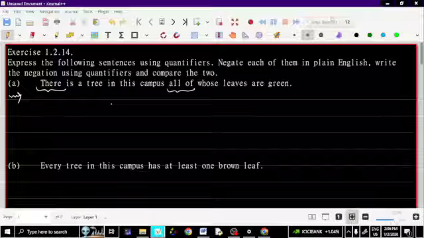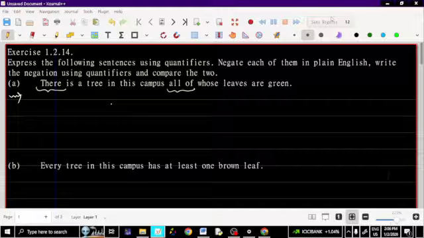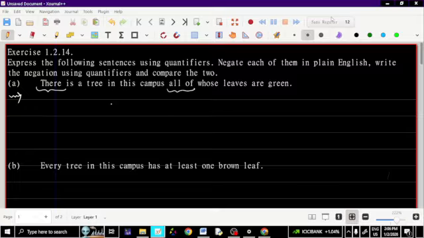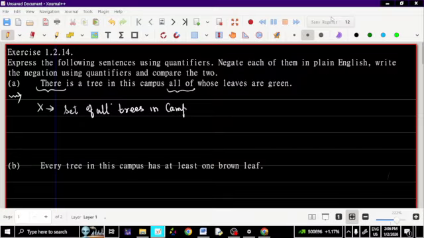Since there are two quantifiers involved, there will be two sets of contexts. Your first set of context is the set of all trees. So let X be the set of all trees in the campus.